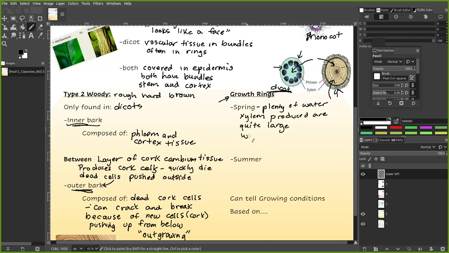And the wood is also a lighter color. In the summer, the water is scarcer. So the xylem is smaller. And the wood produced is darker.